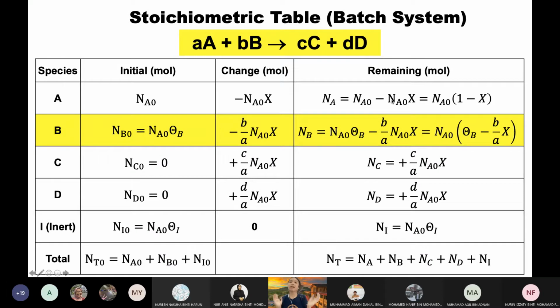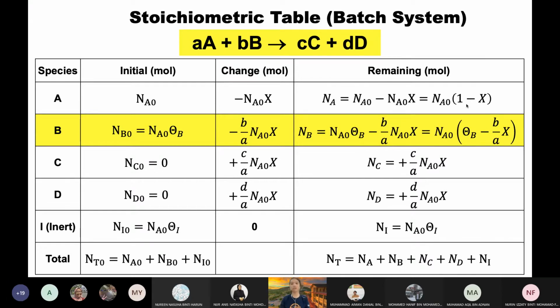So kalau kita nak bracket kan, kita nak keluarkan NA0, kita bracket kan, you will get equals to NA0 in bracket 1 minus X. Done. So that's to do for remaining. Remaining sebenarnya kamu copy je initial, kamu combine with the change, you get your total, you get your remaining already. Kamu copy and combine, kamu dapat your remaining.